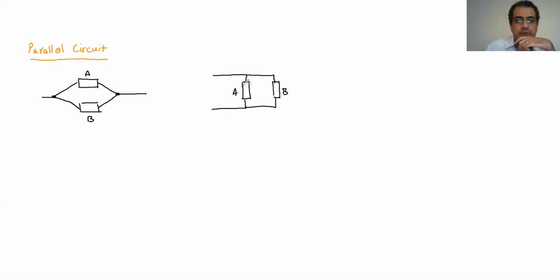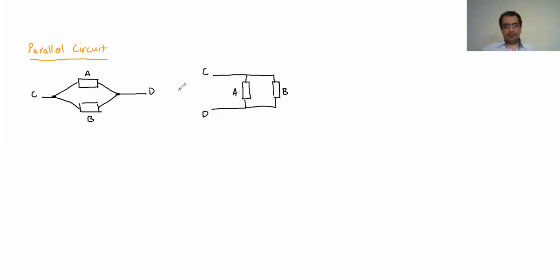So if it's a C here and a D here, usually they draw it like that in the circuit. The C comes in, splits into two, A and B, then they join back together and go to D.